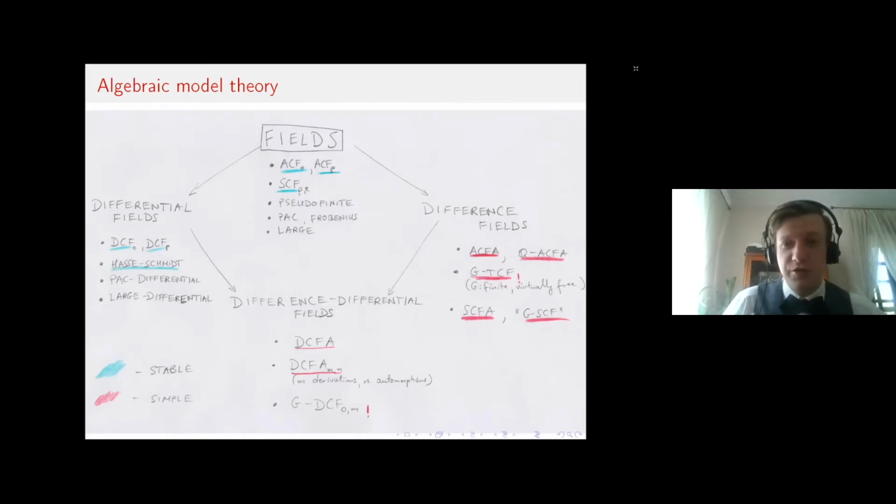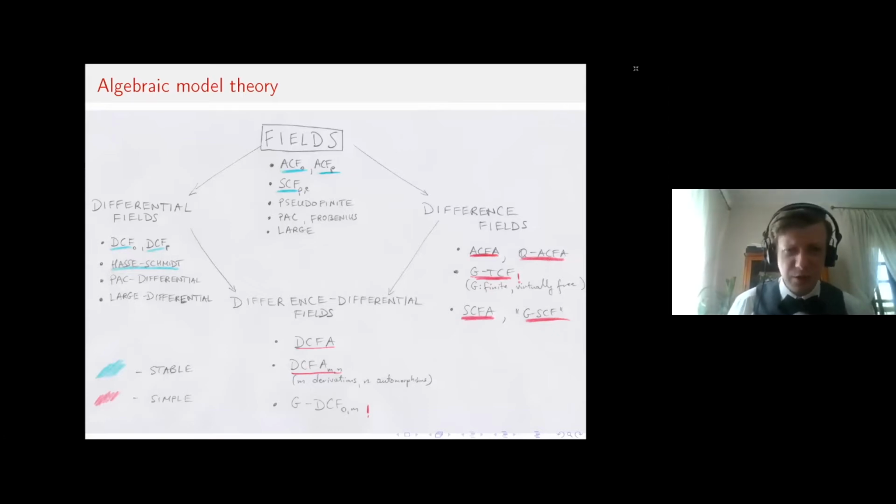Okay, so in model theory, usually we are interested in fields, in theories of fields. And there are modules, vector spaces, also some rings, theories of rings and other stuff. But in the core of neo-stability, I think that fields play the crucial role.